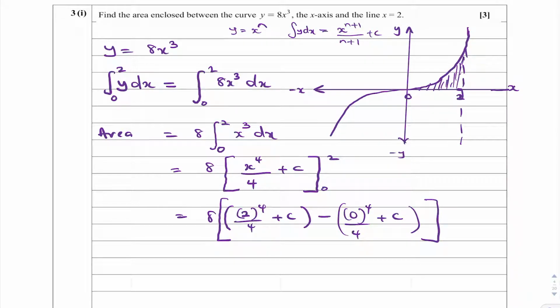So those are the values of the boundary applied when x is 2 and when x is 0. So we take them away for the definite integral.